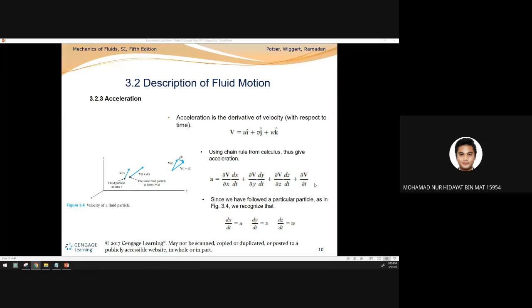This is the formula of acceleration coming from velocity. You notice that in this acceleration there is the space component, x, y, and z, and we have the time component. So combining space and time, that means we are under the Eulerian description. Lagrangian only refers to time. Eulerian refers to space and time.